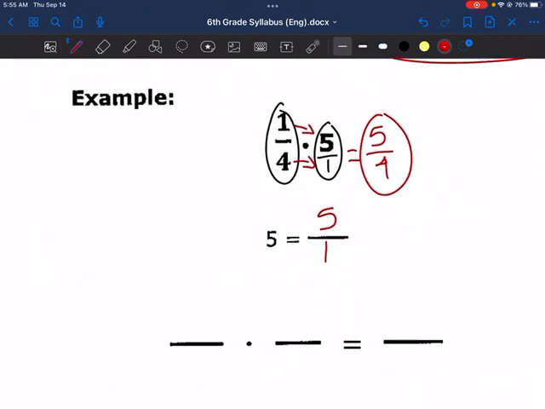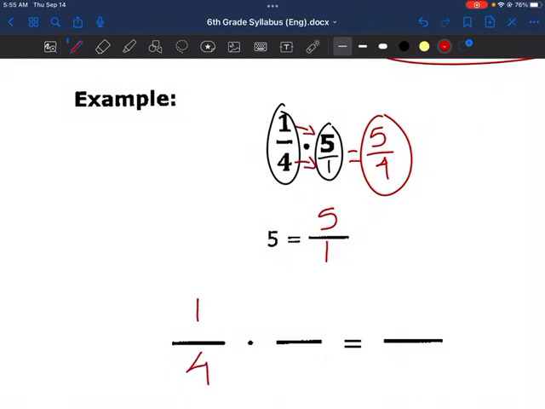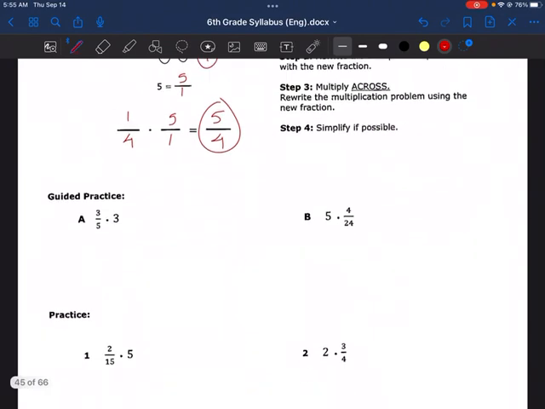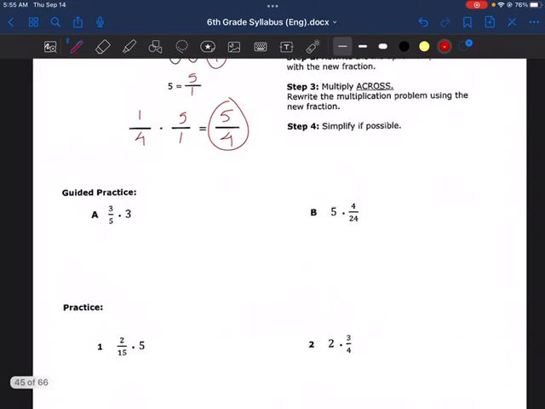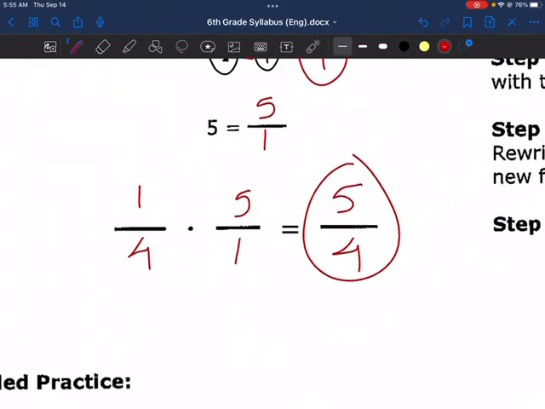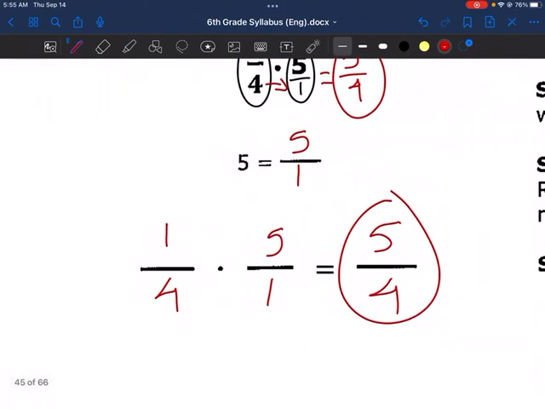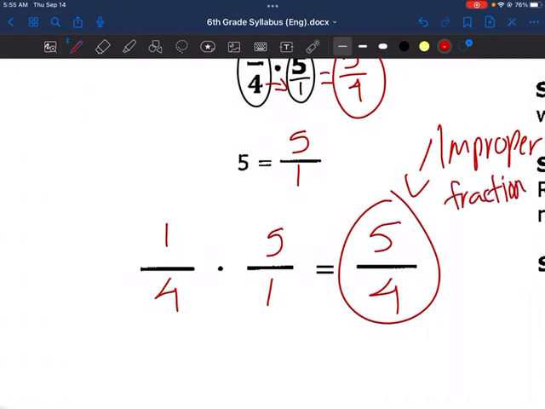Now, right now, I'm not sure they would like for me to change this into a proper fraction. This is called an improper fraction. Improper means that the bigger number is on top. Usually in math, we don't leave it like that. I'm so sorry, chicos.